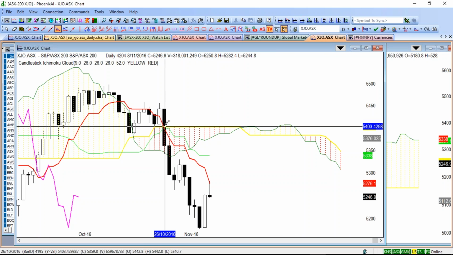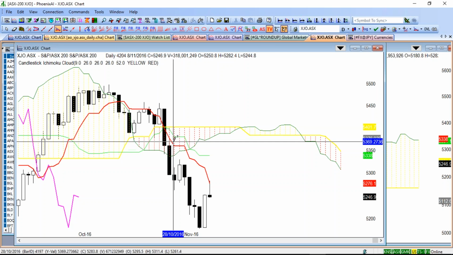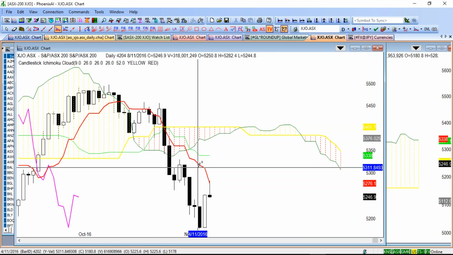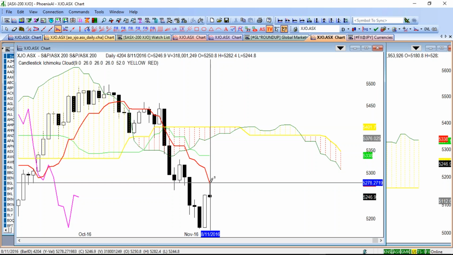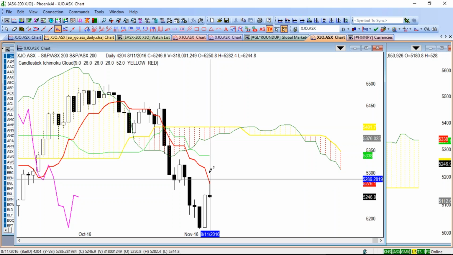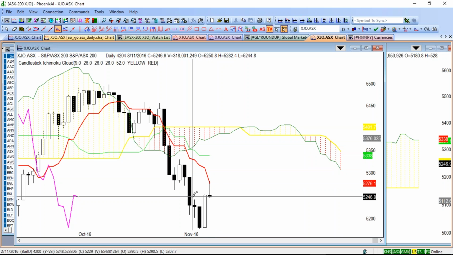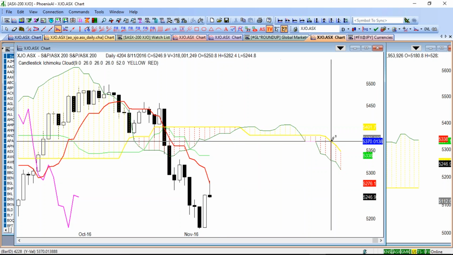So we had a bearish cross on the Tenkan Sen, Kijun Sen, and the market has simply followed down below the Tenkan Sen, and we saw today resistance found at the Tenkan Sen line, and all of the price action on a daily basis is below the cloud.